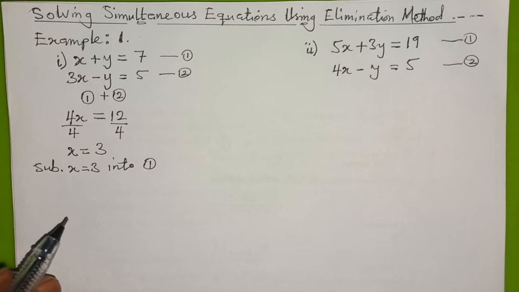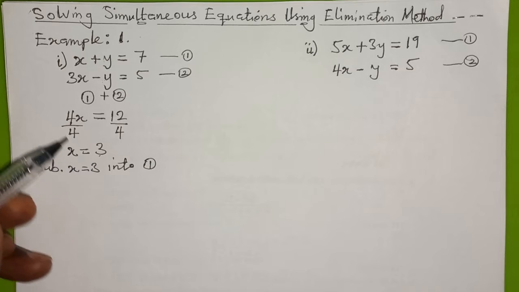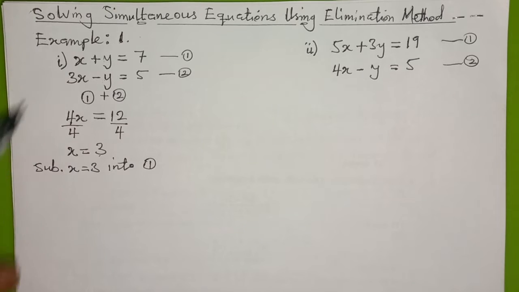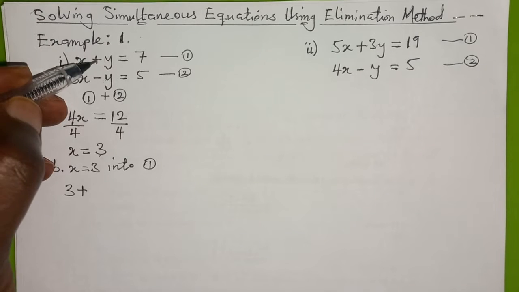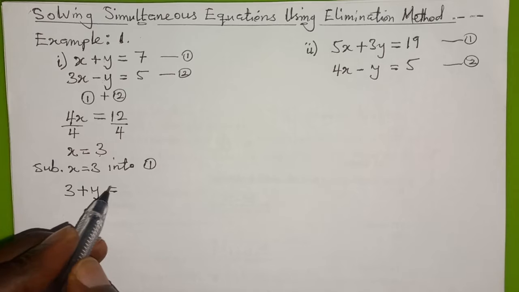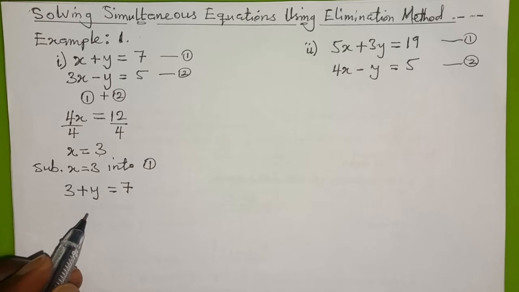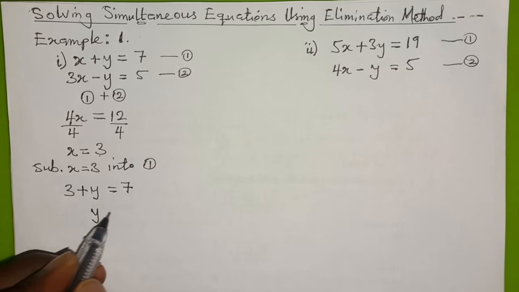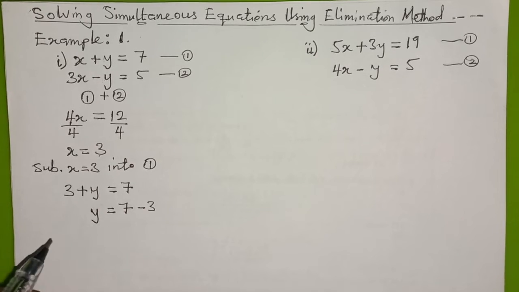So by doing so, wherever we see x in equation 1, we'll replace it by 3. So x in equation 1 will become 3 plus y equals 7. We want to make y the subject, so this will become 7 minus 3.